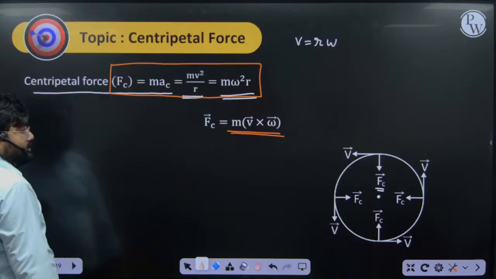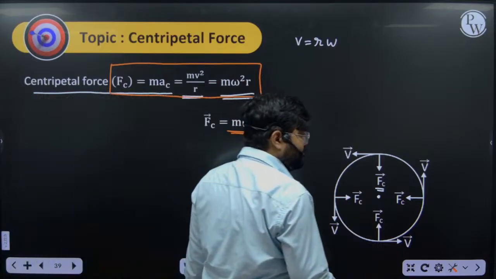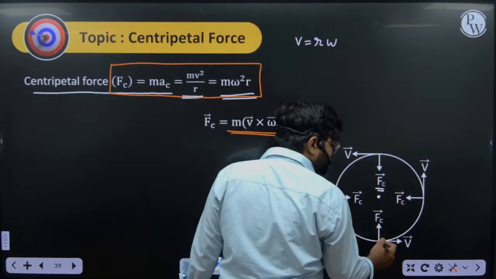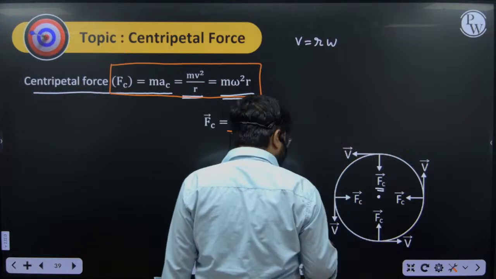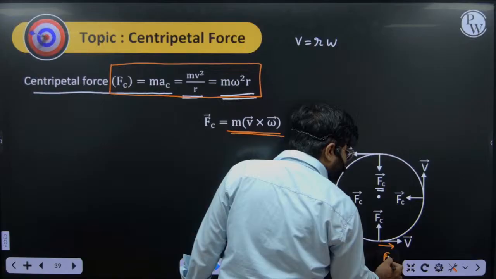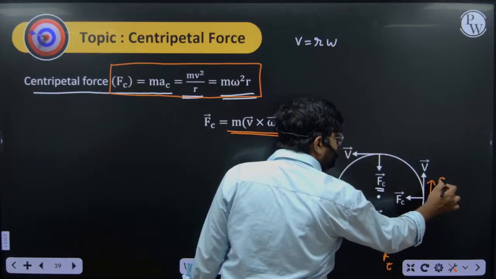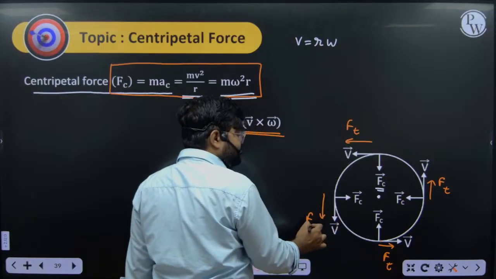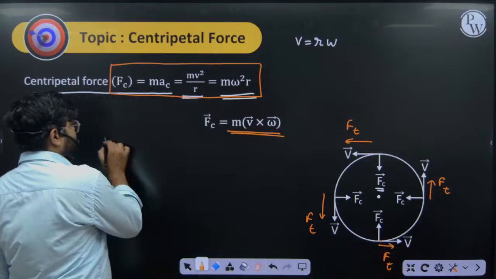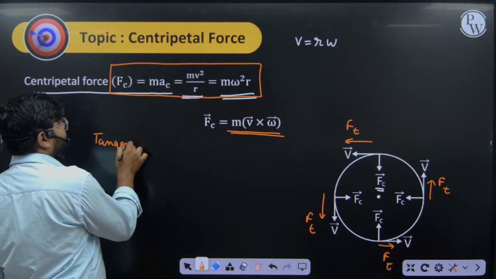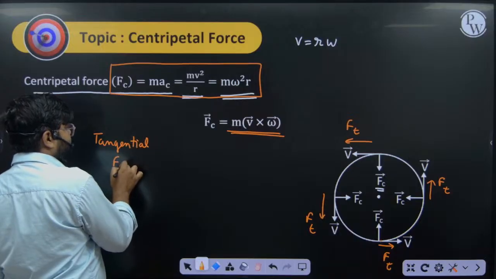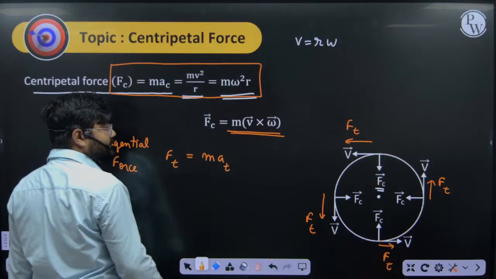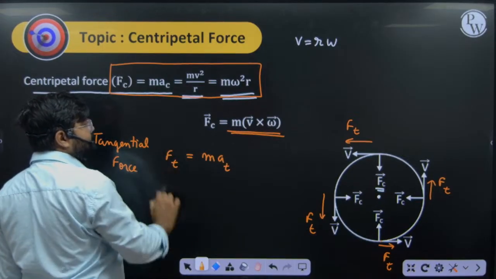There is another force known as tangential force. Tangential force is a force which acts along the tangent. So suppose another force is acting here along the tangent, Ft, tangential force. It will always act along the tangent to the circle. This force is given as mass into tangential acceleration, just like this is mass into centripetal acceleration.